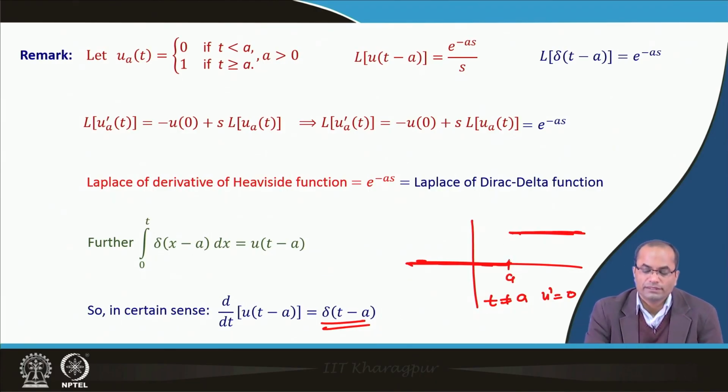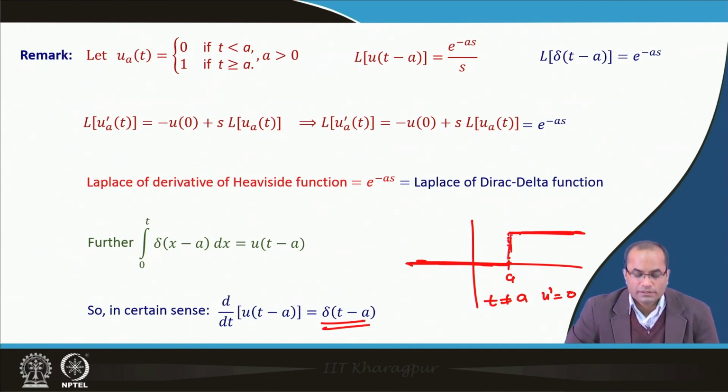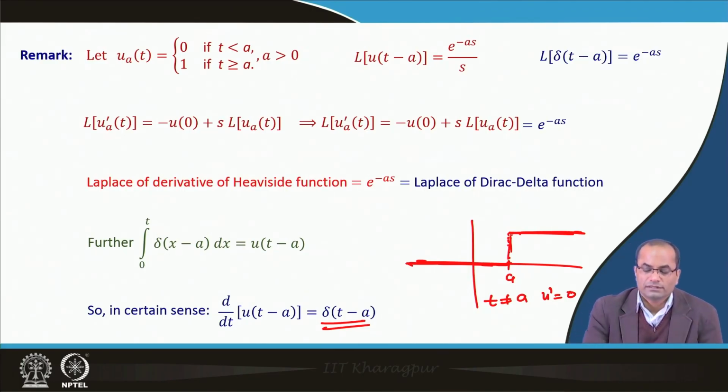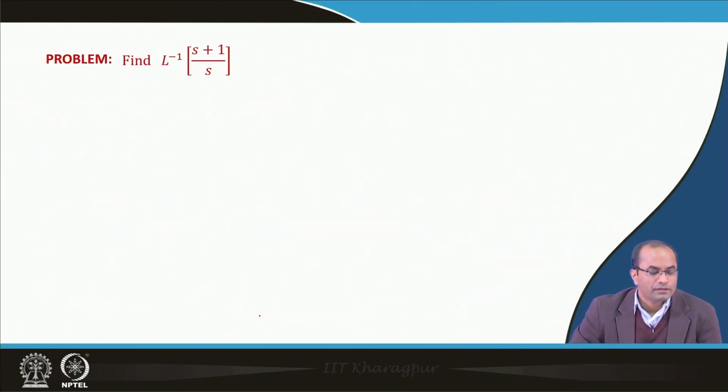So, it is going to infinity, which is indeed the case here, because the slope is infinite at this point. So, the derivative of this Heaviside function seems to be this Dirac delta function.